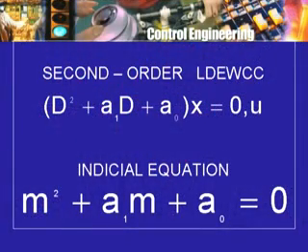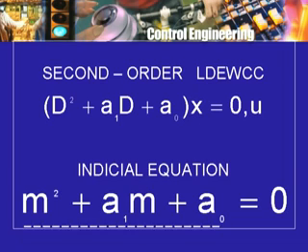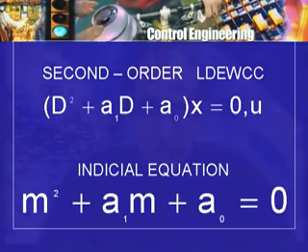And we saw that if you had the equation which was of second degree, then we had to look at a polynomial associated with the polynomial differential operator, and this particular equation was called an indicial equation. And then we had to solve the problem of finding this m, or in other words finding the roots or zeros of the polynomial. And then one has to use appropriate exponentials and so on.